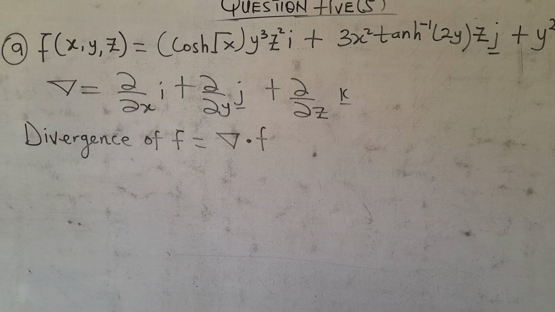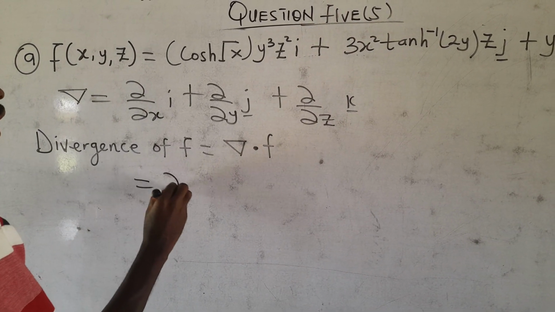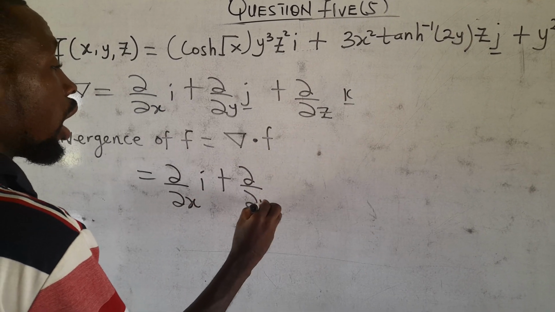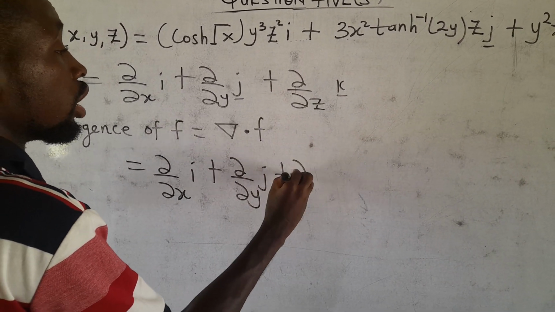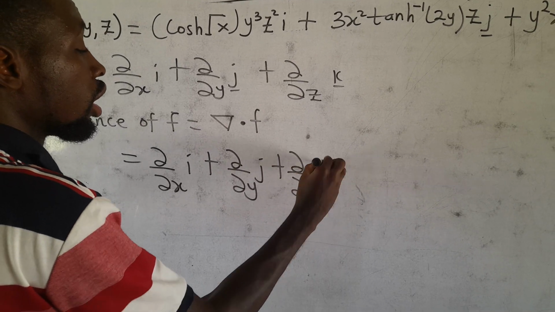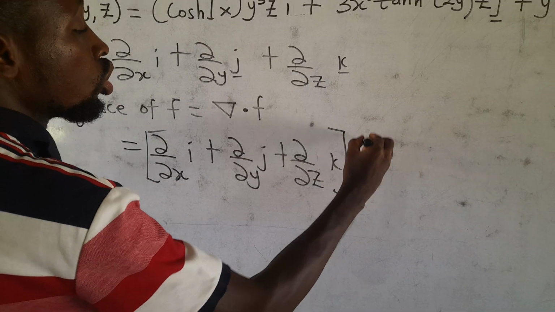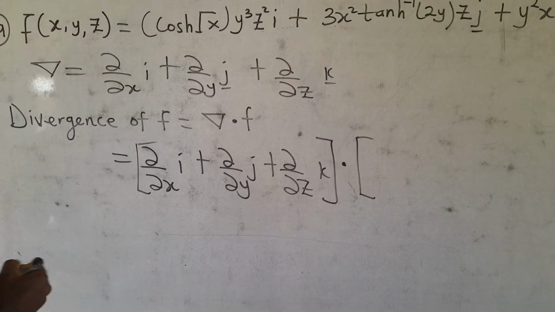And what's our differential operator? That will be ∂/∂x i plus ∂/∂y j, then plus ∂/∂z k. And this dots the vector field. And what's the vector field?